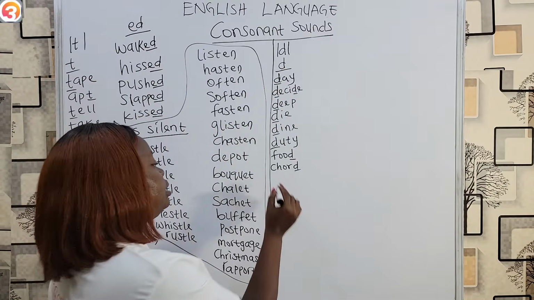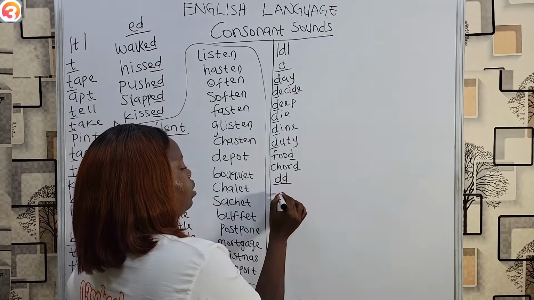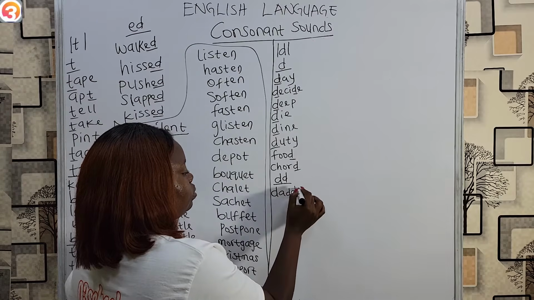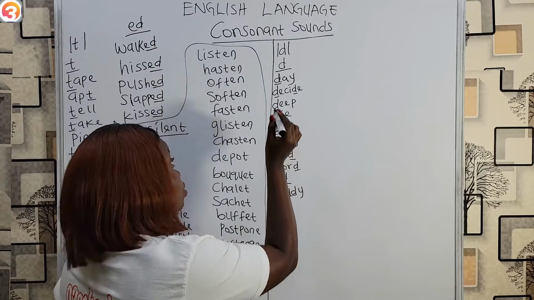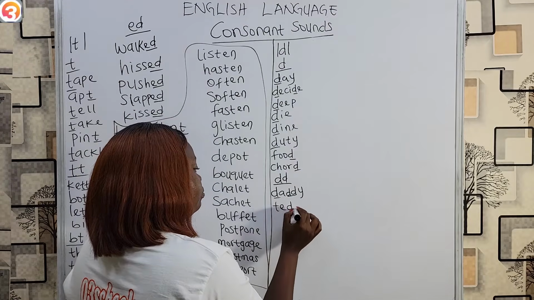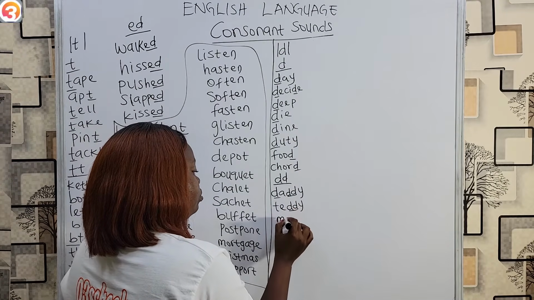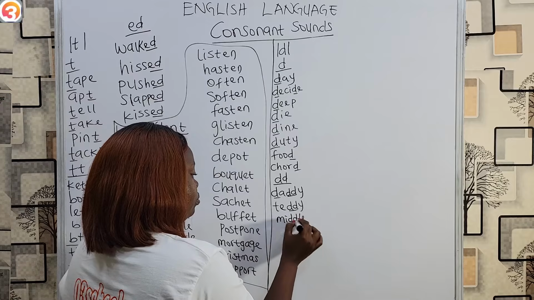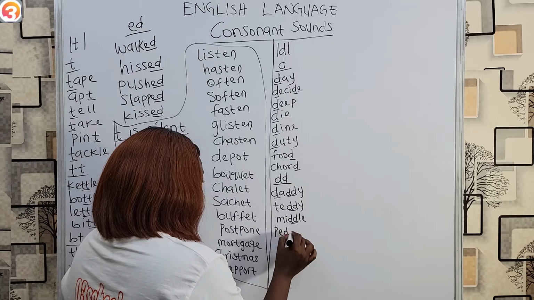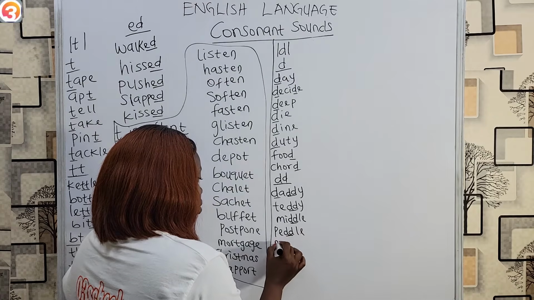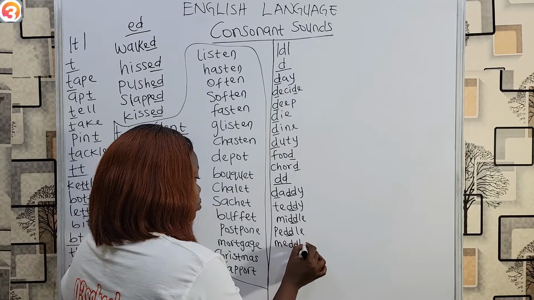Then we can also find it in DD, like daddy. The D there, even this D contains the consonant sound. Teddy, middle, words like pedal, medal.